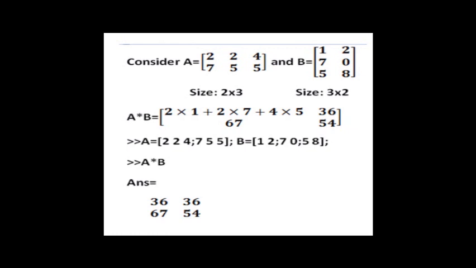The first element, coordinate 1 1, 36, how it comes is shown in expanded form, like 2 multiplied by 1 plus 2 multiplied by 7 plus 4 multiplied by 5. So go to the MATLAB command prompt, enter matrix A, enter matrix B, then call A star B, press enter, and you will see the vector multiplied result right away.